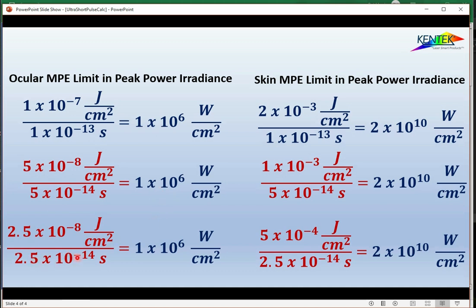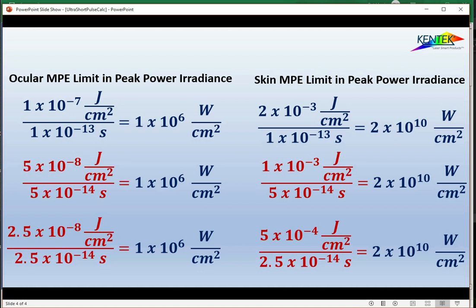And then we've just done the same math here for the skin, and you can go through and see that it holds the same. So that's all it really means, and you can see how we've done the math in order to hold the peak irradiance to the 100 femtosecond MPEs.